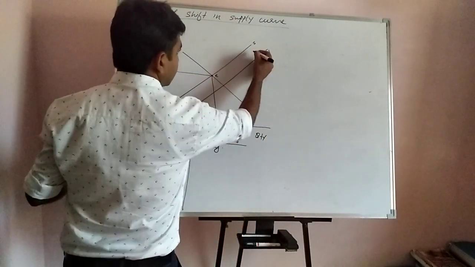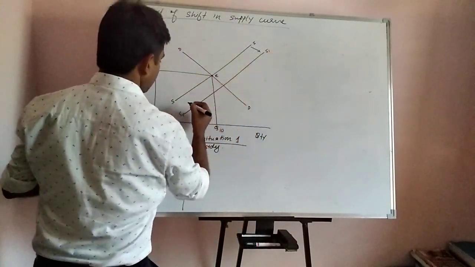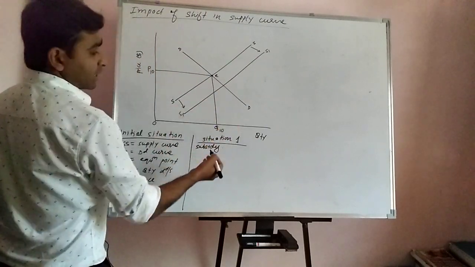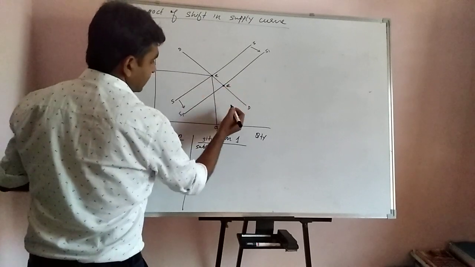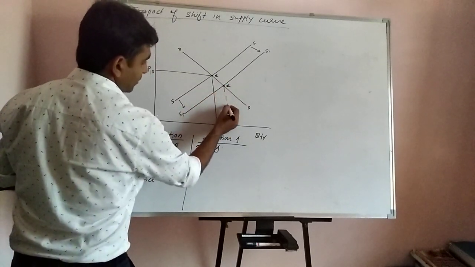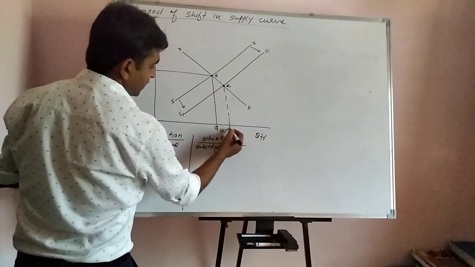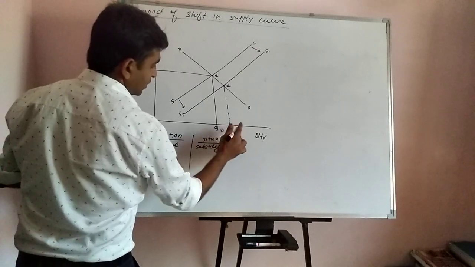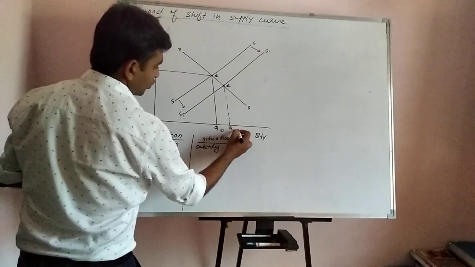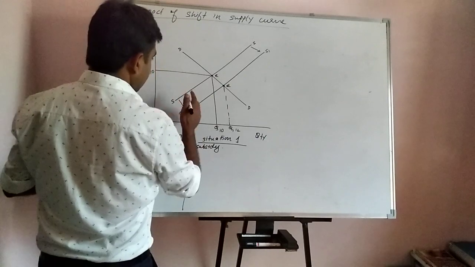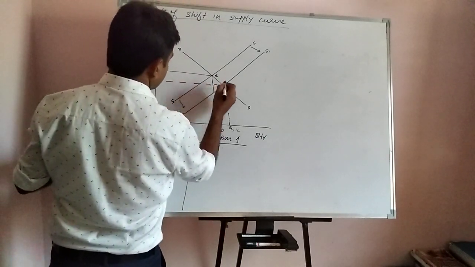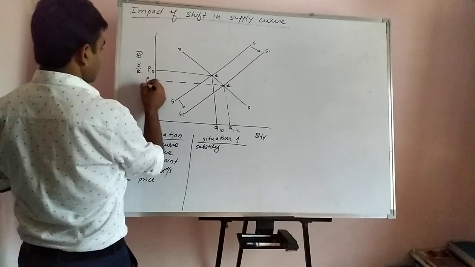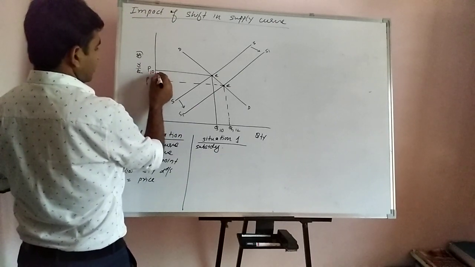Due to the subsidy, the supply curve shifted to the right. And we got a new equilibrium point, and a new equilibrium quantity demanded and supplied, Q1, say it is 12. And the new price is P1, say 8. So the price has decreased.